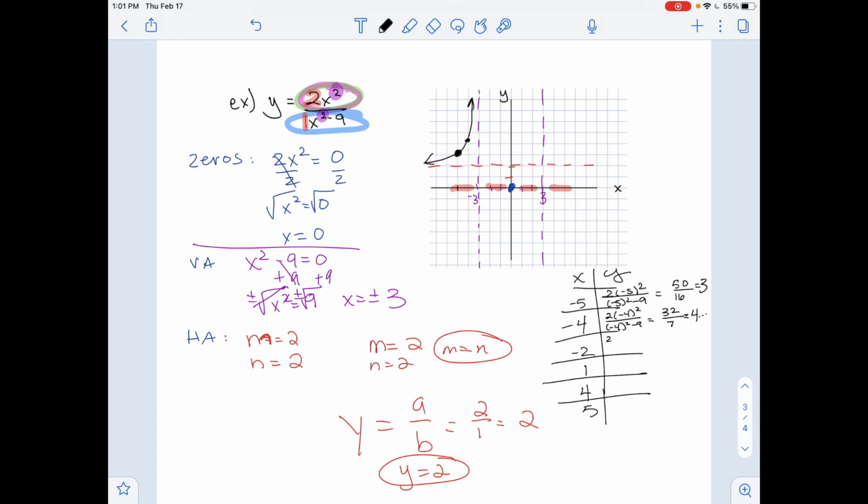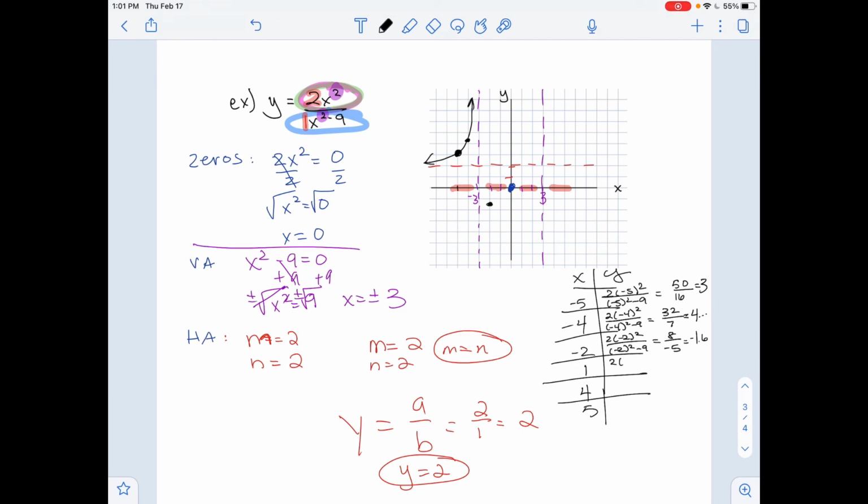So let's look at -2. We're going to go 2 times -2 squared all over -2 squared minus 9. That's going to give me 8 over 4 minus 9 is -5. So this is going to give me -1 and 3/5 or -1.6. So over -2, we're going to go down 1.6. That's about right here.